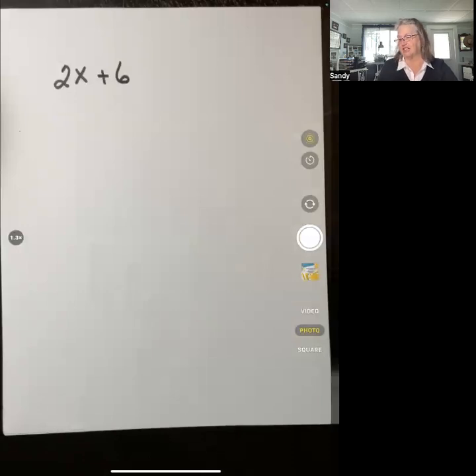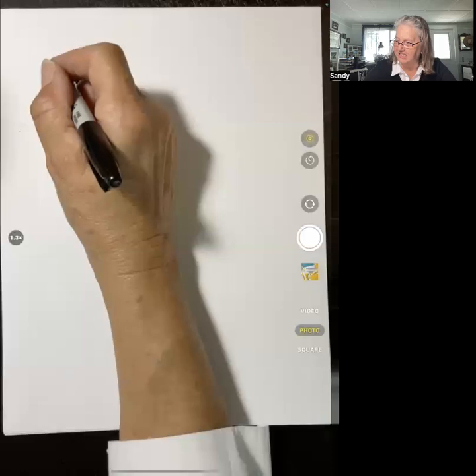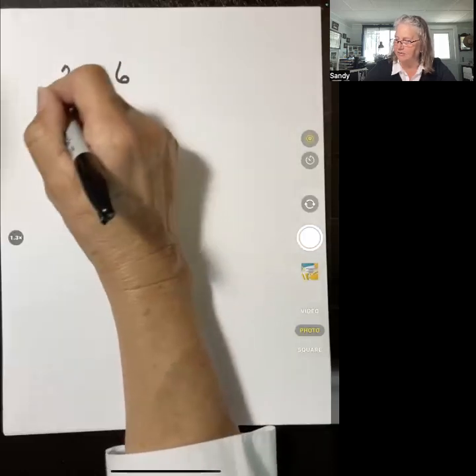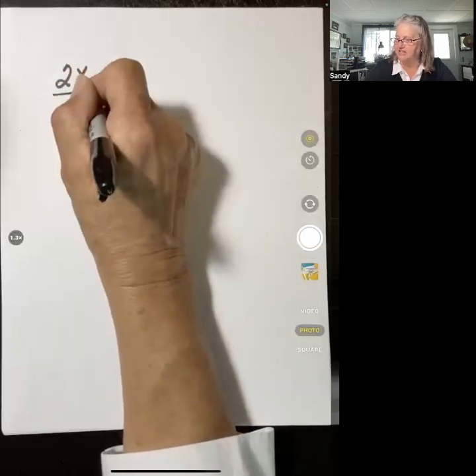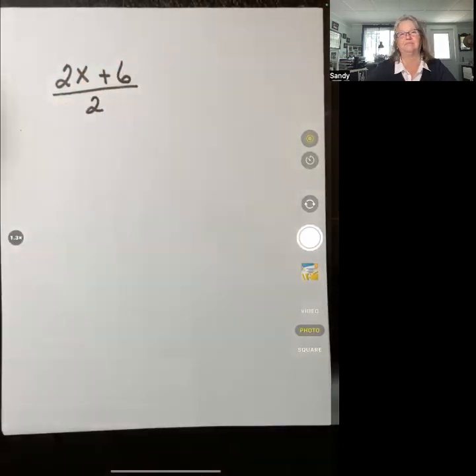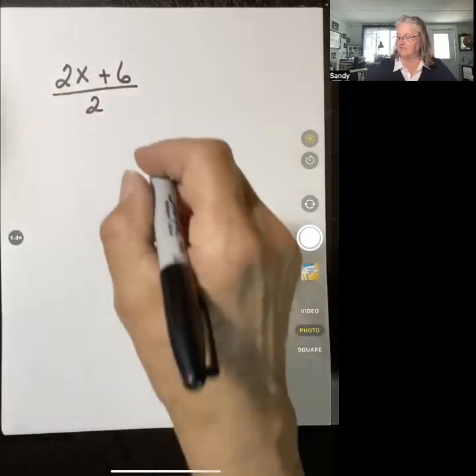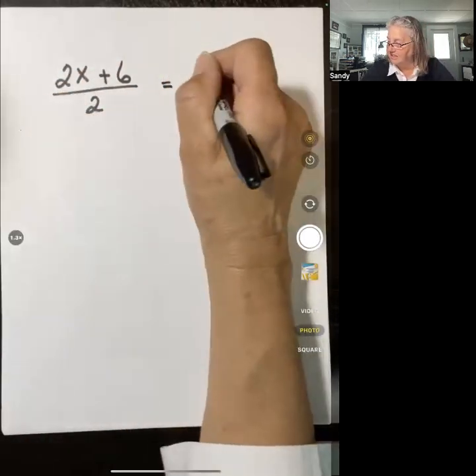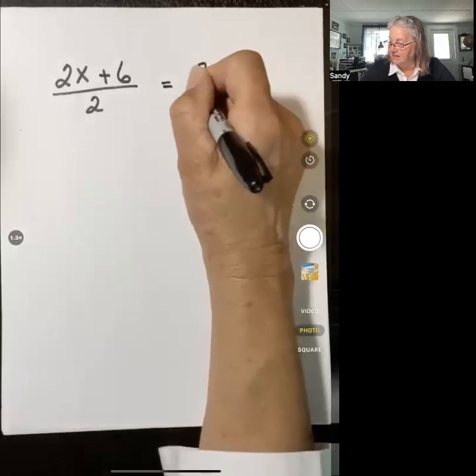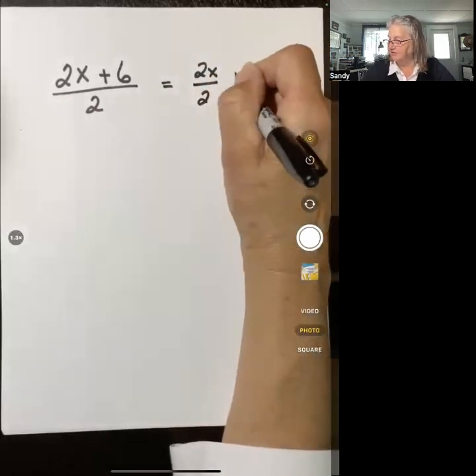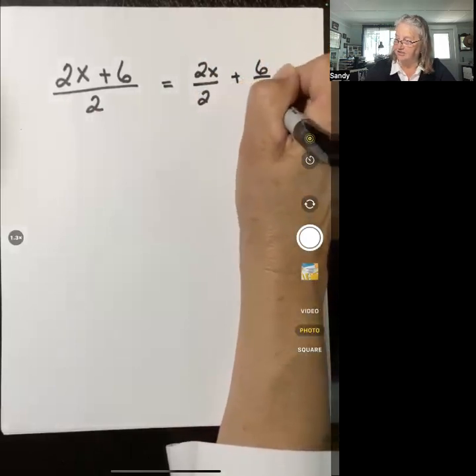Now, there are lots of ways I could show this, but what we're doing is we're taking this answer and we're going to separate it into two equal groups. Now at this point, I'm essentially taking my double and separating into two equal groups and 6 and separating into two equal groups.